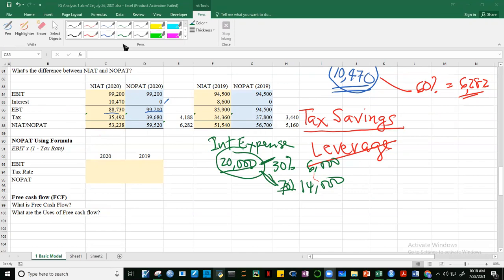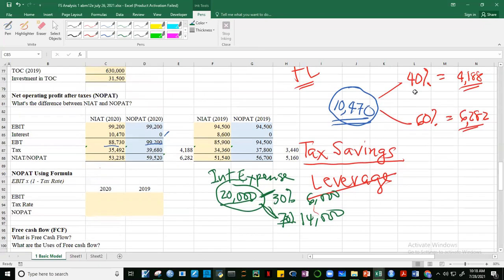Kung ang tax rate natin 30%, then 30% yung magiging savings. Kanina yung tax rate natin 40%, so 40% yung naging savings. If tax rate is 25%, then yun ang magiging savings natin, tax savings. Okay, so I hope that answered your question. Okay, all right, thank you.